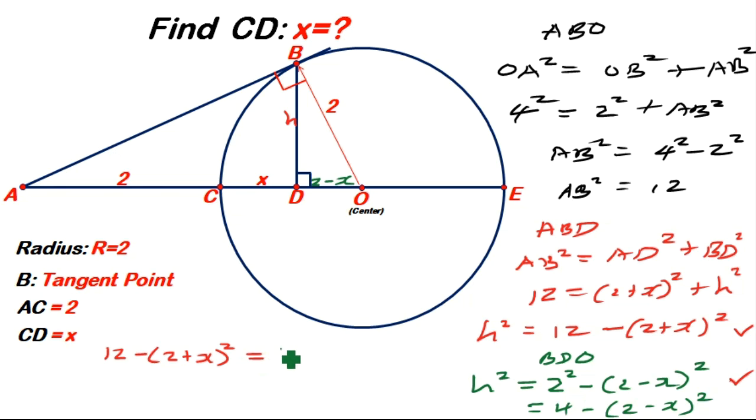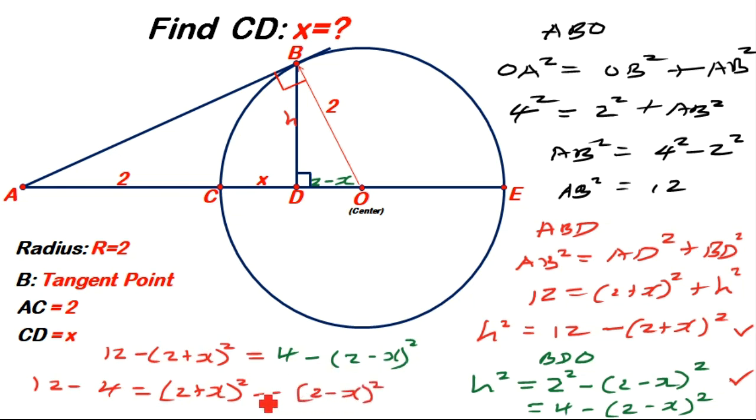So that is going to be equal to 4 minus 2 minus x squared. Now from here, if we rearrange this equation, this side we'll have 12 minus 4, coming this side will be minus 4, is equal to negative this going to the other side, it will be 2 plus x squared. Then the other side we have minus 2 minus x squared, if you rearrange.